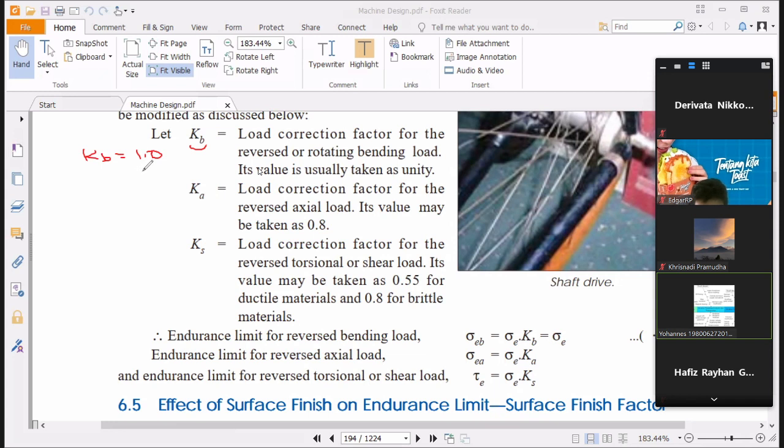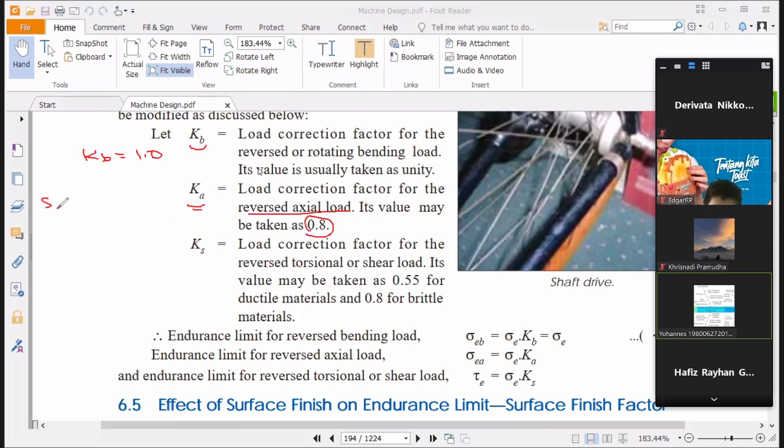Both of them are in bending load. But for axial load, just like in our case for plate, which is given a reversal axial load, then we need to put a correction factor there. We will give the correction factor of 0.8.